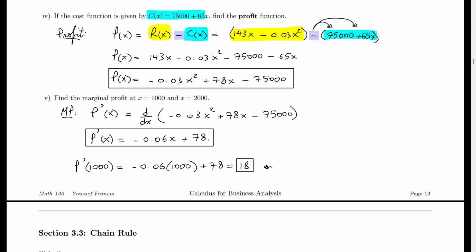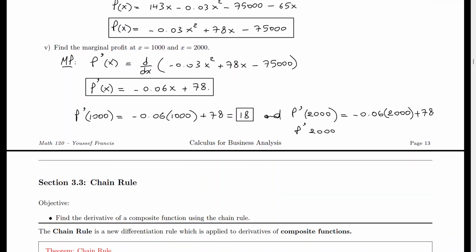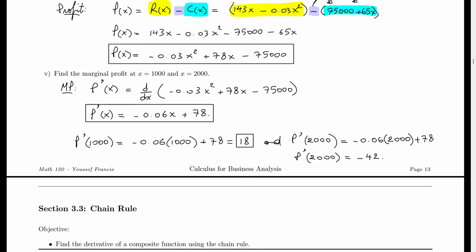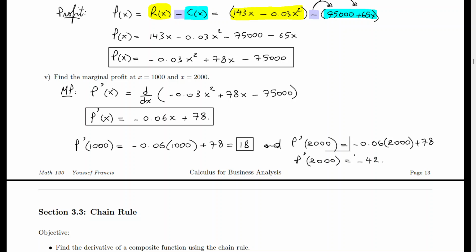Also, since they asked for the marginal profit at 2,000, I'm going to plug in 2,000 into that same equation. So negative 0.06 times 2,000 plus 78. And p prime of 2,000 will be equal to negative 42. So we got the two answers, and we are completely done with the problem.